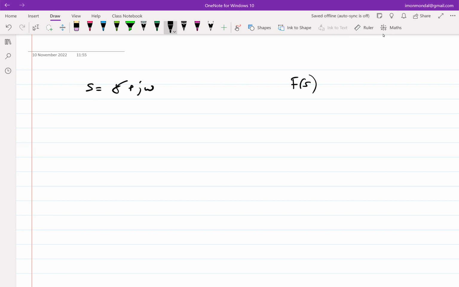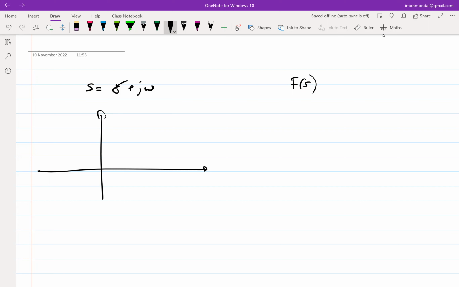Since s is a complex number, f of s will also be a complex function. So how do you plot a complex function? Obviously, in a two-dimensional domain, you cannot really plot a three-dimensional function. I mean, you can, but it requires a lot of skills, which I don't have.